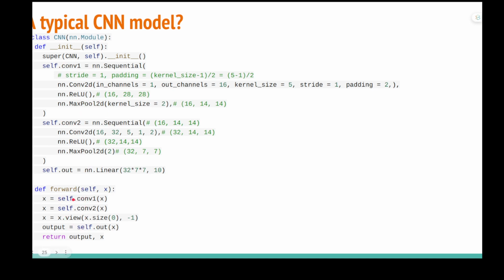We just assemble all of those components together. We send the input into the first convolution block and produce an output, and send that output to the second convolution block. Then we flatten the output here, so that we can send it into the linear layer. But there's one important thing here.